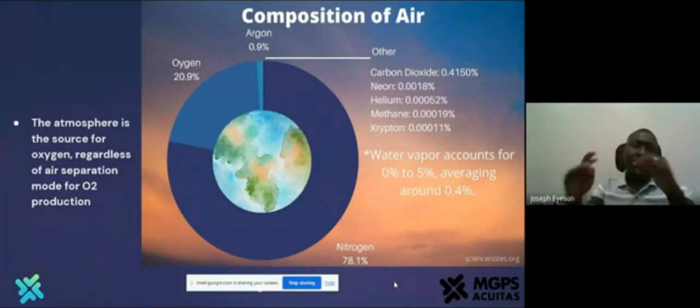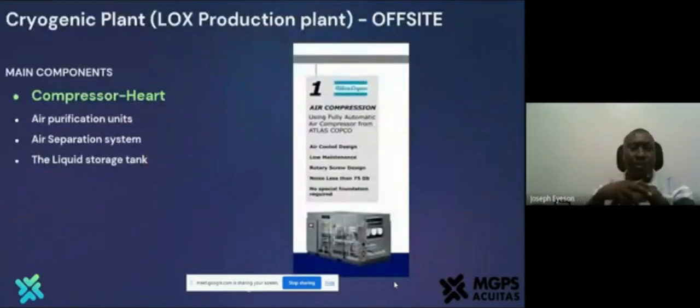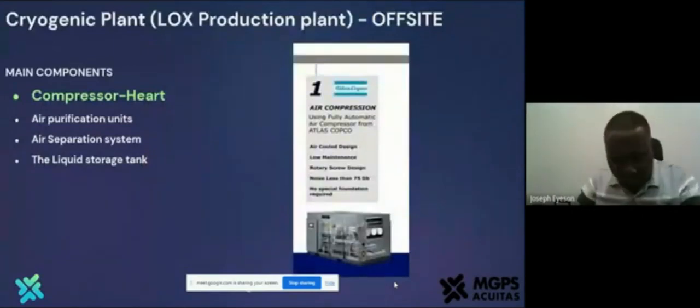So in order to get your oxygen in a liquid state, you need to drop the temperature to the boiling point of oxygen. The main plant used in producing liquid oxygen is the cryogenic plant. Mainly these plants are not on site, they are off site.